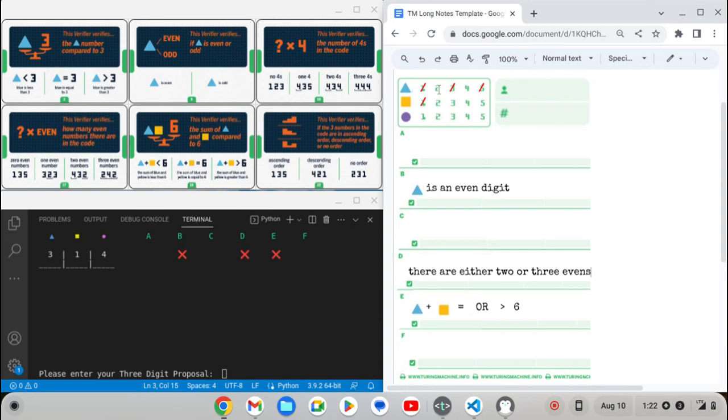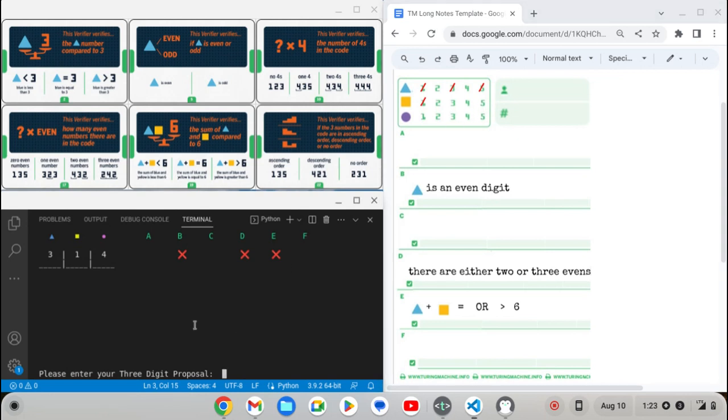Well, that's true. How would that work? Both 2 and 4 are less than 5. I guess there has to be a 4 using criteria card C. So yeah, if triangle is less than 3, that forces square to be 5 for a sum that's greater than 6, and then there's a single 4.